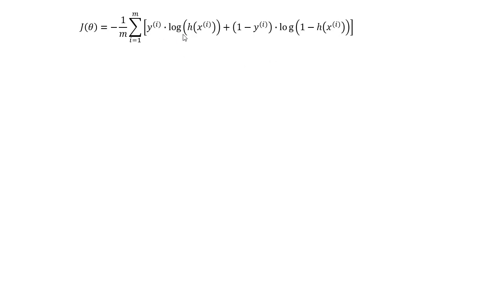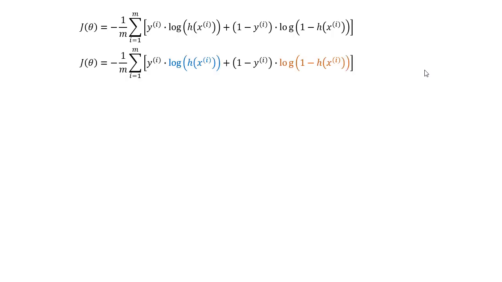And I'm using the superscript i because that's going to be important as we move along. The other thing to note is that this log that I keep referring to is the natural log. I didn't write it as ln, I wrote it as just log, but just keep in mind that its base is base e.